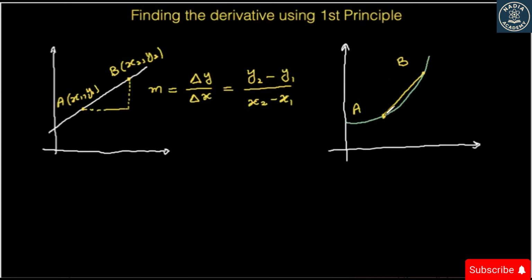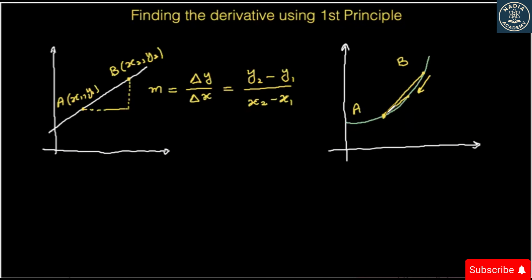You can understand this very easily. If I bring this point B towards A, then the difference between this green curve and the yellow line is much smaller compared to the previous difference.